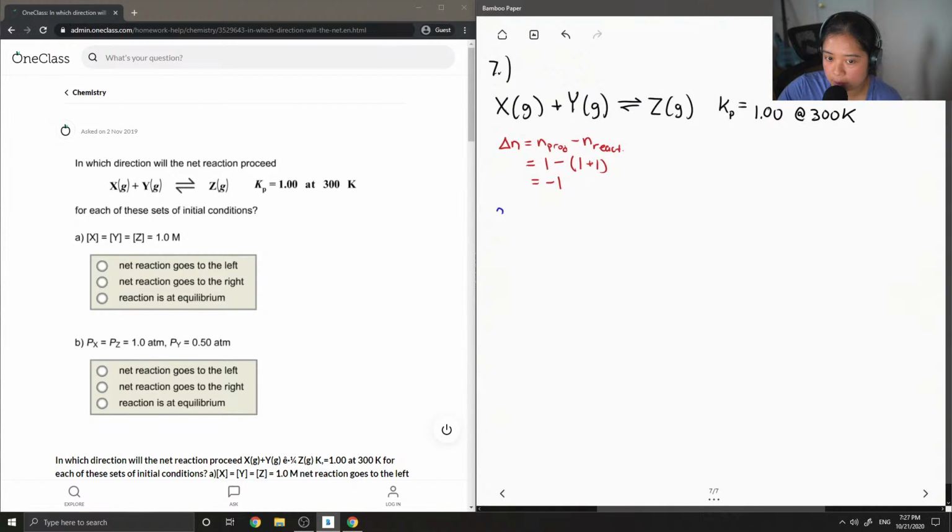Okay, so for part A, first we need to calculate the value for Kc. So this is the equilibrium constant for the concentrations.